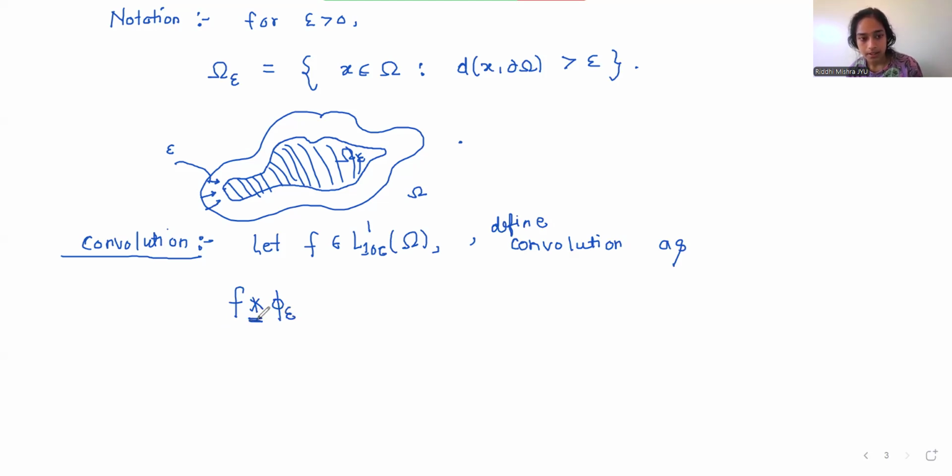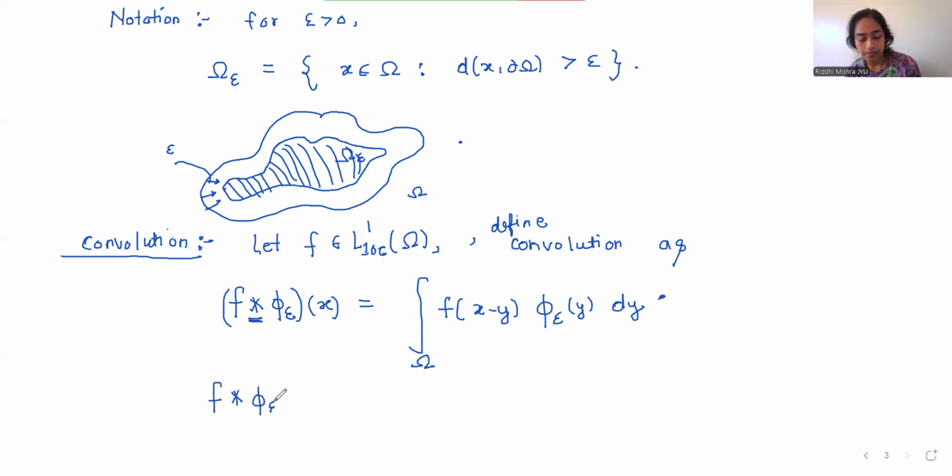This star is the notion of convolution, and it is defined at a point x as the integral over omega of f(x minus y) phi epsilon(y) dy. Here f epsilon is the convolution of f at a point x in omega.